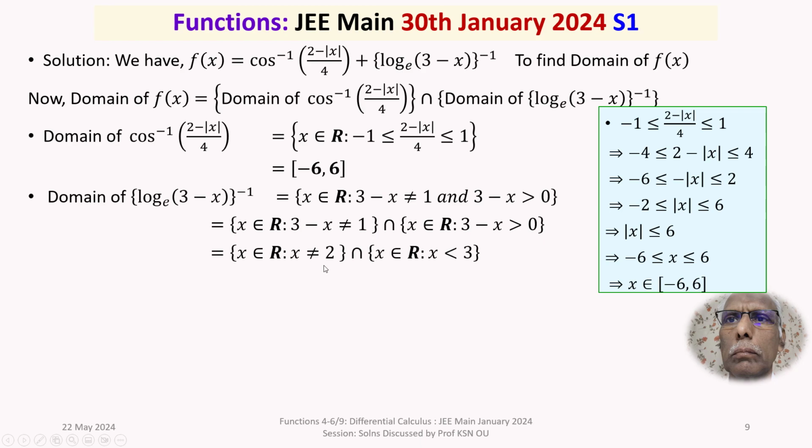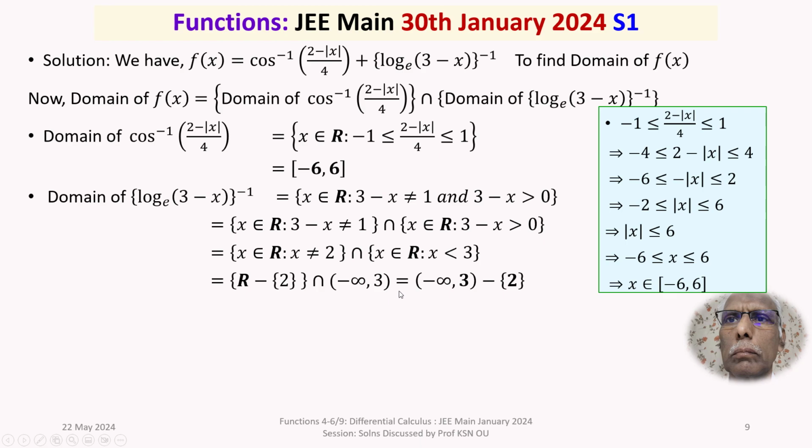That means it is R minus the singleton set {2}, intersection with 3 minus x greater than 0, which means x less than 3. That means it is minus infinity to 3. So this is R minus singleton 2 intersection minus infinity to 3.